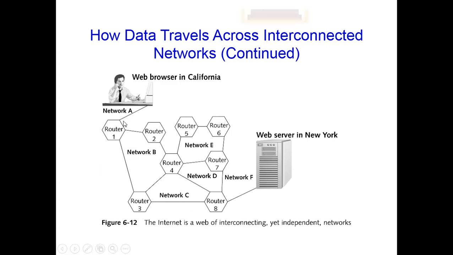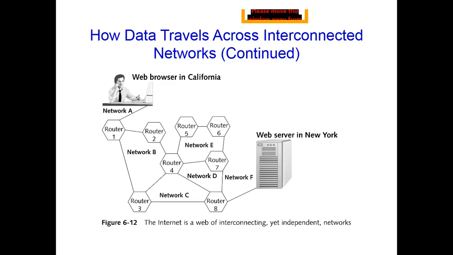Yung network A, siyempre, meron tayong tinatawag na router of network B. Yan, router 1, router 2, router 3, router 4, router 5, router 6, router 7, and router 8. So, ilang router na yan?